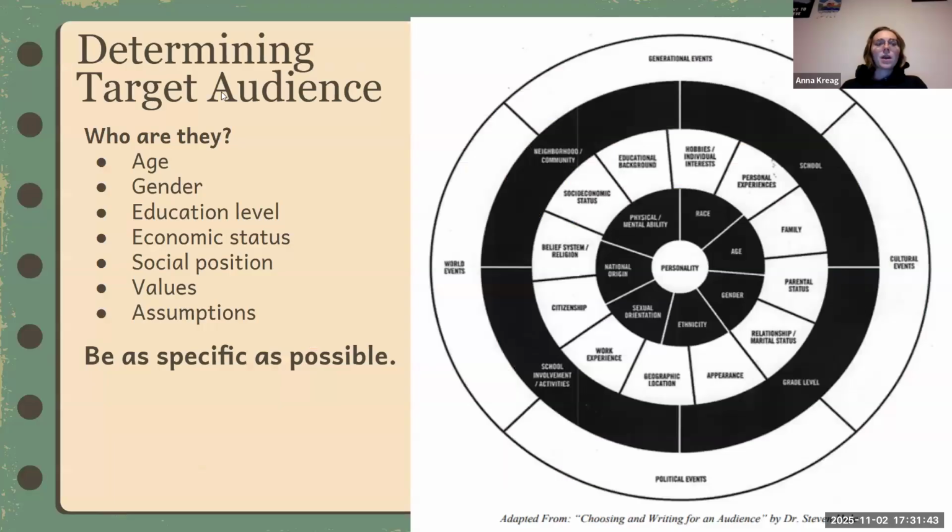As a reminder, when you're thinking about target audience, it's wonderful to have a target audience outside of me, your instructor, for any essay you write. For this specific essay, you are given a lot of very specific context for some of your prompts. The first prompt that comes to mind is the space prompt.